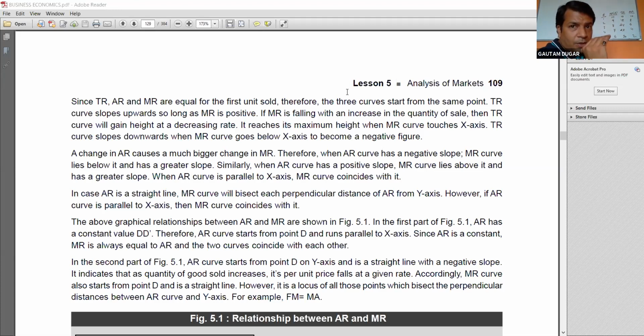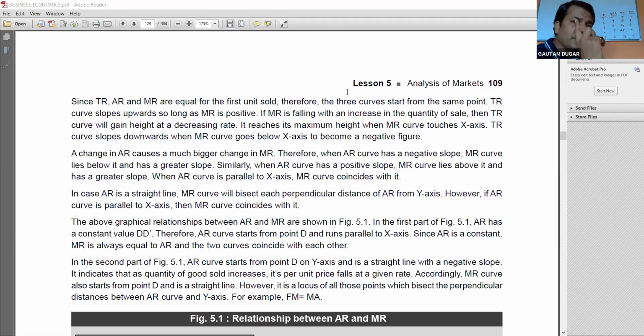So now, if you look at AR and MR in this numerical table, what kind of property do you get? You'll find that both are declining. But while declining, except for the sale of the first unit, MR is always less than AR.